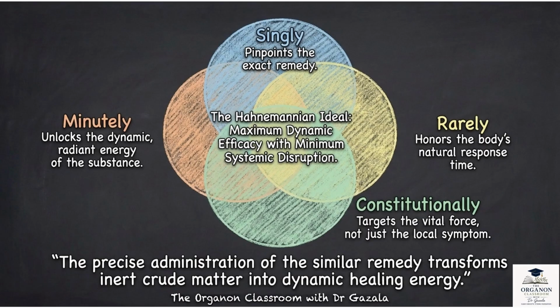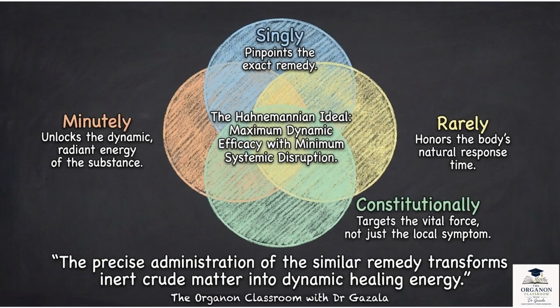Rarely, because the remedy should be given enough time to act. The patient's response rather than an arbitrary schedule should guide our repetition. Constitutionally, because the aim is not merely to chase an isolated local symptom, but to consider the patient as a whole and the overall state being treated.